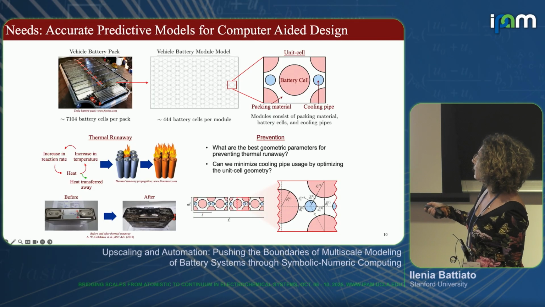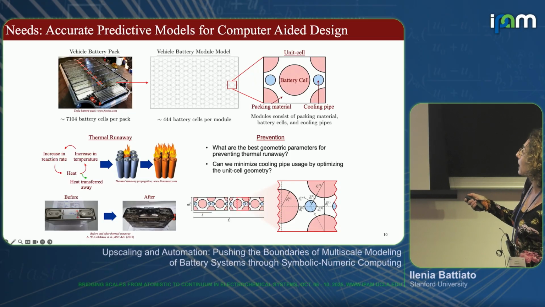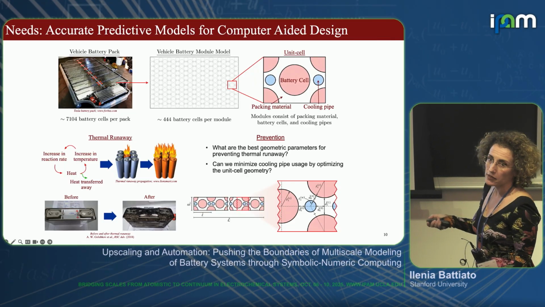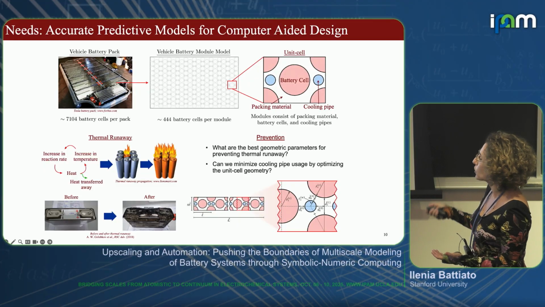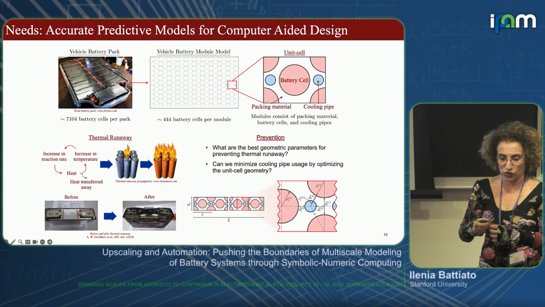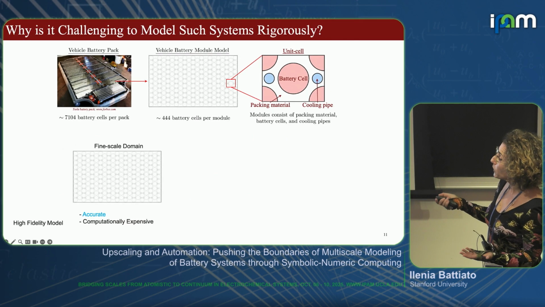So the idea is, is there a way we can develop models that can optimize the topology, maybe to prevent thermal runaway or reduce the usage of cooling pipes by properly arranging the structure of these cells? And so how would we do this?